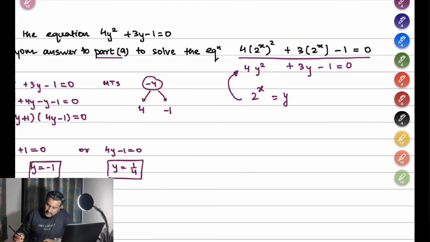Now the possible values of y: 2 to the power x is equal to negative 1. Now for any power of x, your answer cannot be negative, whether it's a negative power or positive power, so this is not possible.